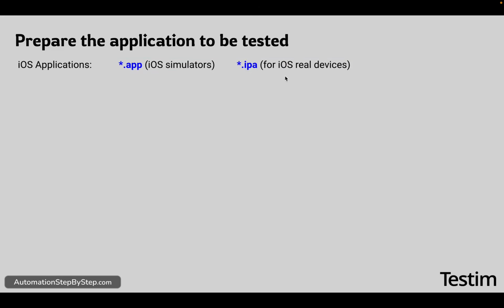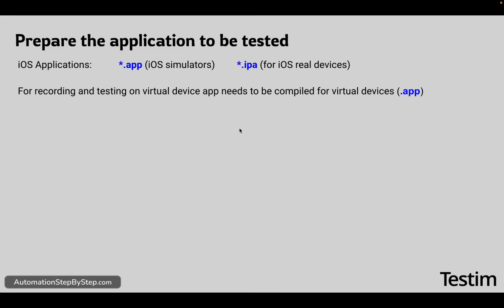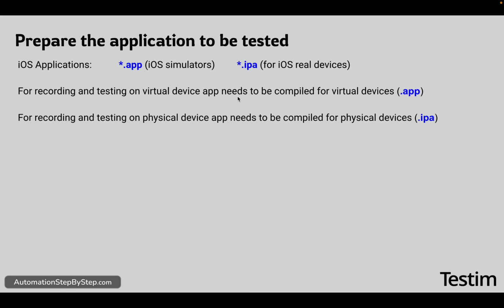And you may also get your zipped files for your application that you can upload and use. So we need the .app format for virtual devices, and for recording and testing on a physical device, the app needs to be compiled for physical devices, that is the .ipa format.